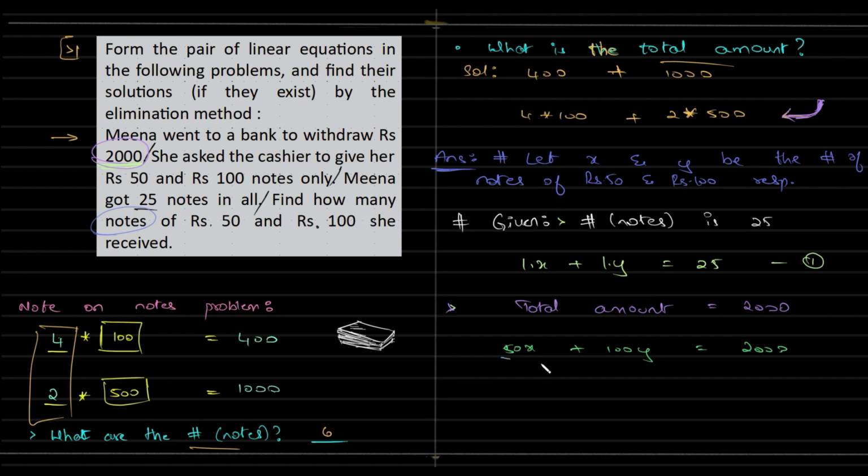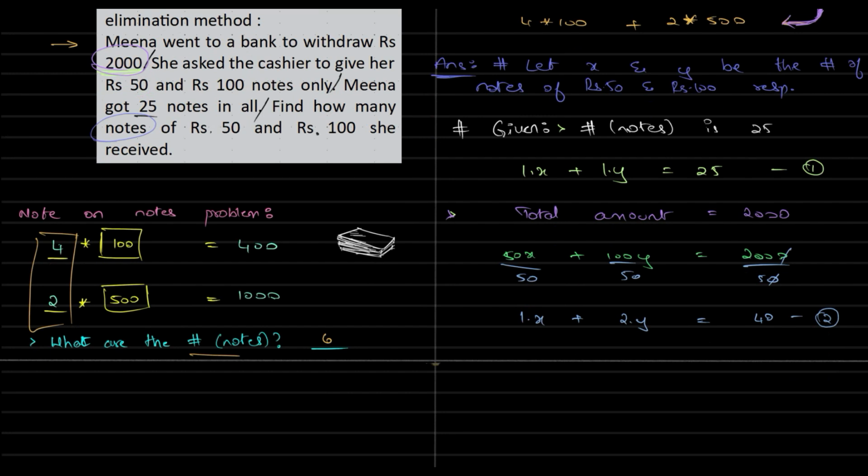I should divide. So what am I dividing with? The HCF between 50, 100 and 2000, and that is 50. So we have 1x plus 2y is equal to 40. Zeros cancel, and this is 40. And this is my equation 2, which is much simpler to look at and handle as well.